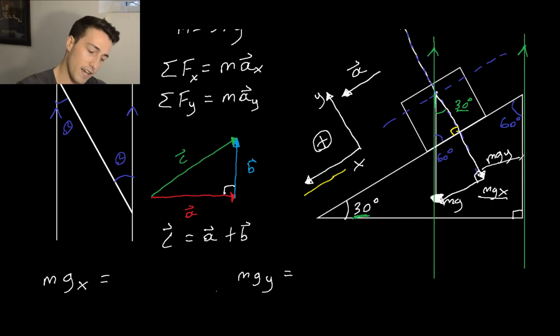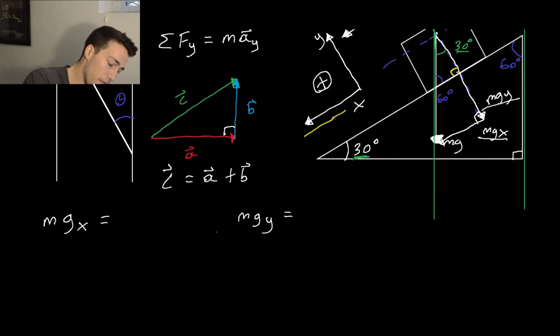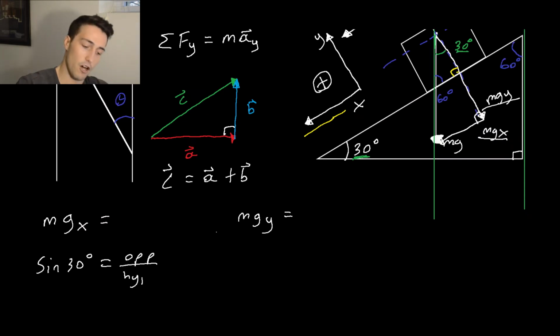So looking at this bigger triangle, for the mgx, if I do sine of 30 degrees, well, that's going to be opposite over hypotenuse. So this 30 degrees, this green angle in here, the opposite side is right there. And the hypotenuse is the mg, the original mg.